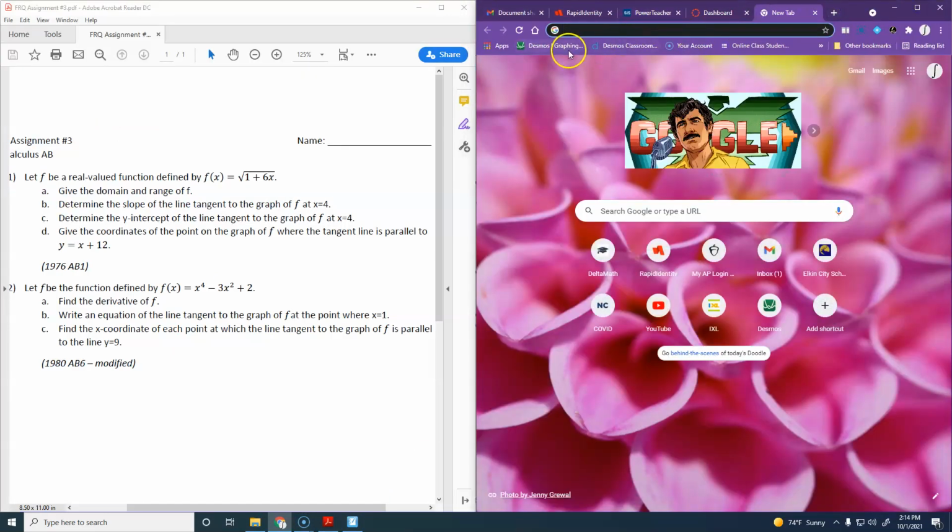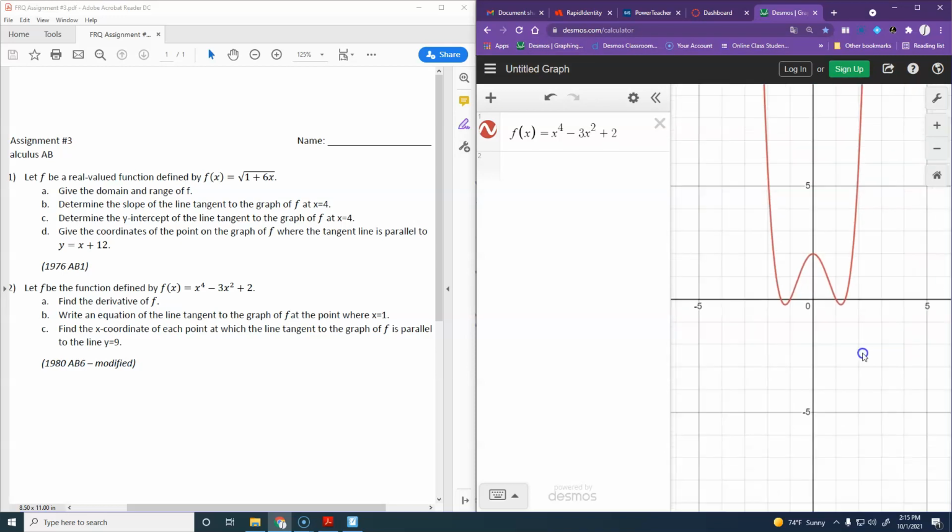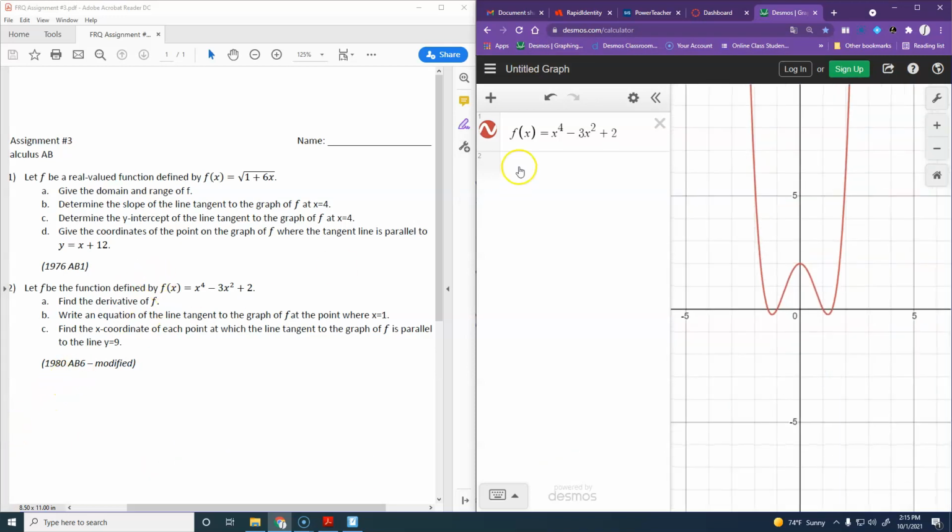But for you to picture what we're talking about here, I think is helpful. So the function is x to the 4th minus 3x squared plus 2. So it looks like this. And the line y equals 9 is up here. We want to know where we've got tangent lines that are parallel to this line.